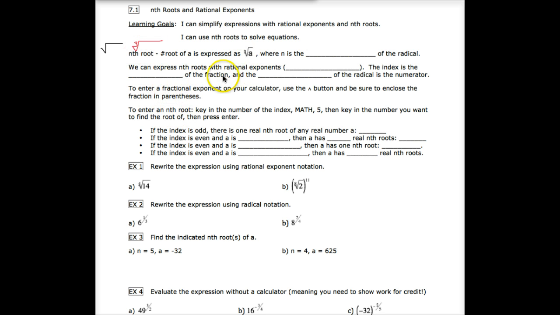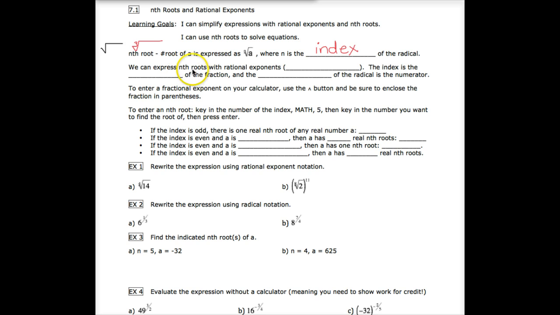And that's what we do for all roots other than square roots. Whatever the number is in here, that's the root that you're needing to take. We call that number the index of the radical. And that'll be important because I'll refer to that frequently. We'll say, okay, what's the index of this radical?